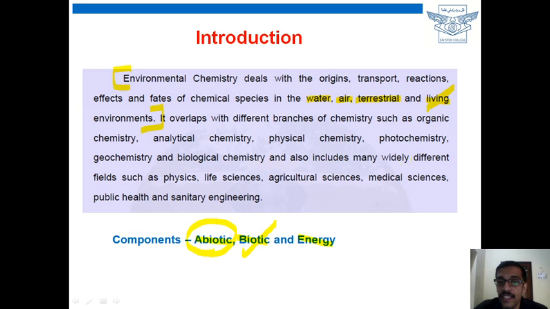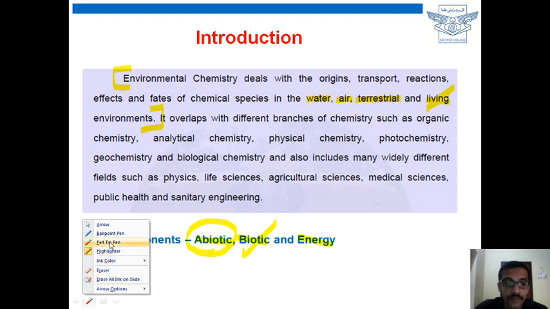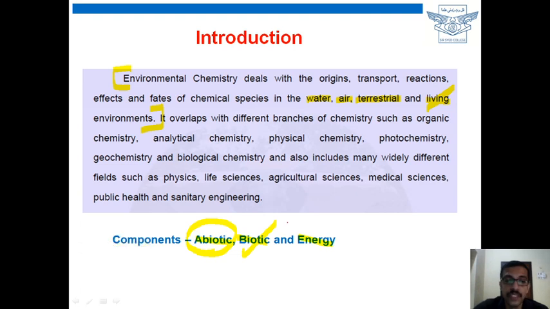Okay, and the third one, you have the energy component. This is a new thing for you, where the abiotic and biotic components interact by means of different energies. What are those?